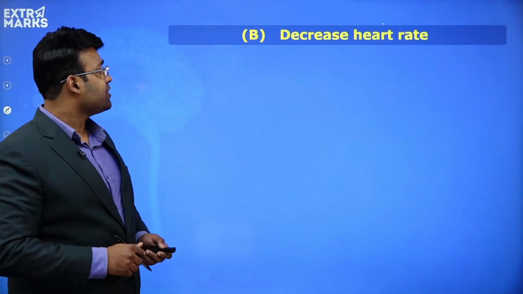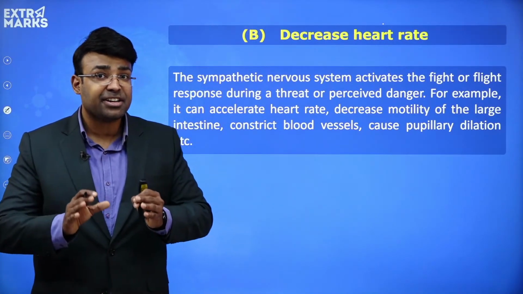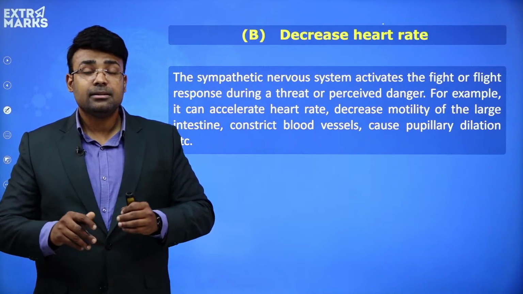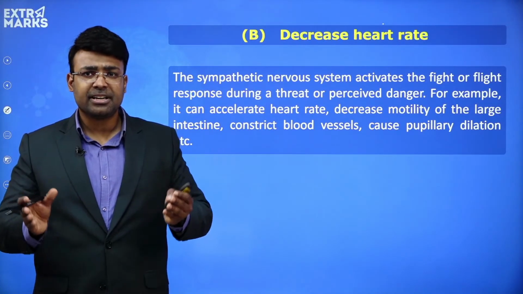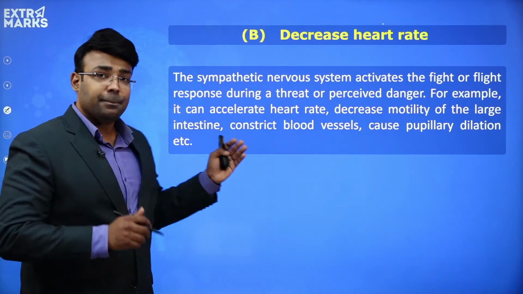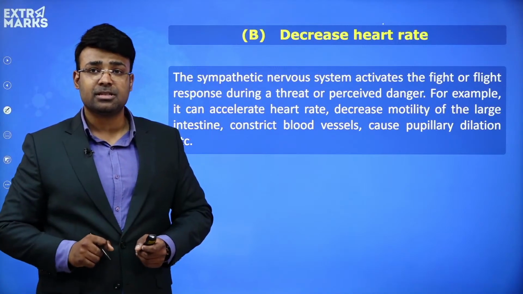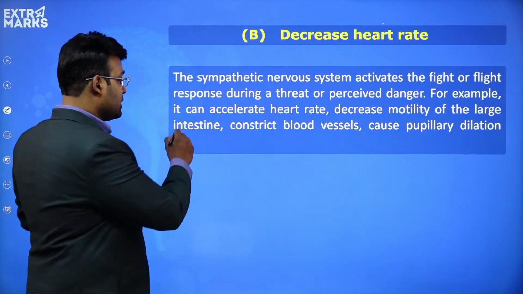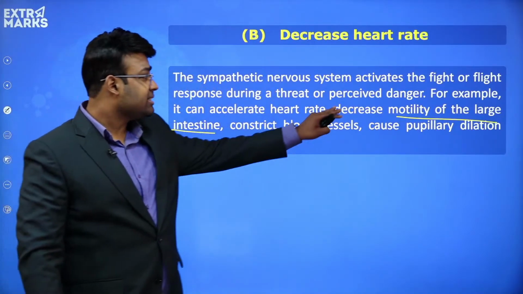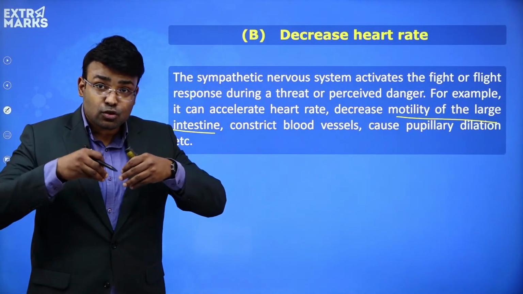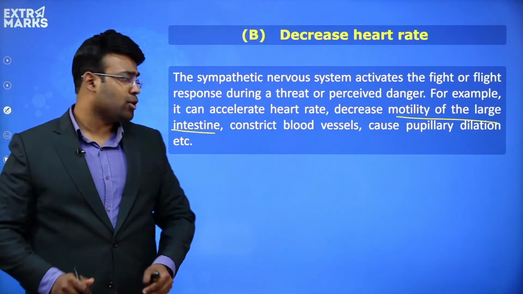So here you can see, everyone, the sympathetic nervous system activates the fight or flight mechanism during a threat of any kind, and some major changes happen in our body as part of it. Changes like the motility of the large intestine decreases, meaning the peristalsis, the movement of food in the large intestine, stops. The peristalsis stops at that point.